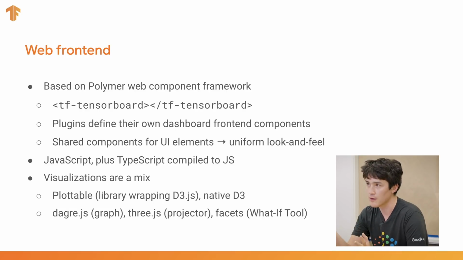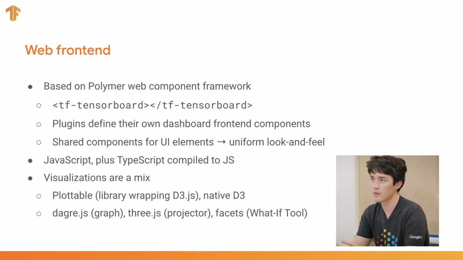For example, there's a TF scalar dashboard. And then all the way down to shared components for more basic UI elements. So we can think of these as a button or a selector or a card element or a collapsible pane. And these components are shared across many of the dashboards, and that's one of the key ways in which TensorBoard achieves a somewhat uniform look and feel from dashboard to dashboard.